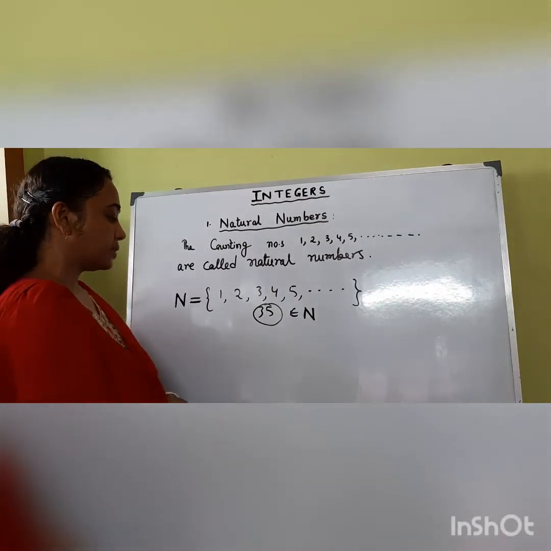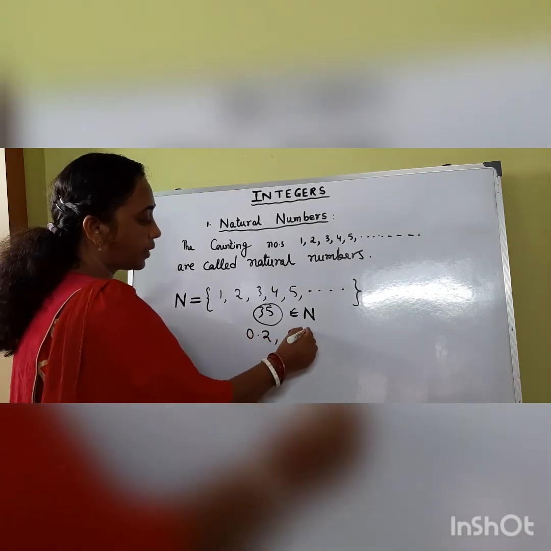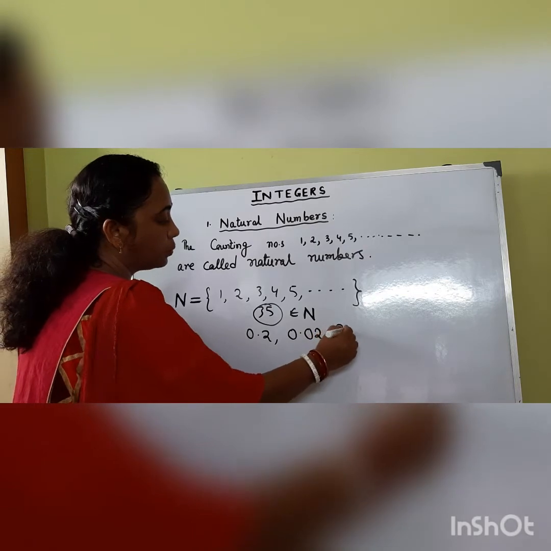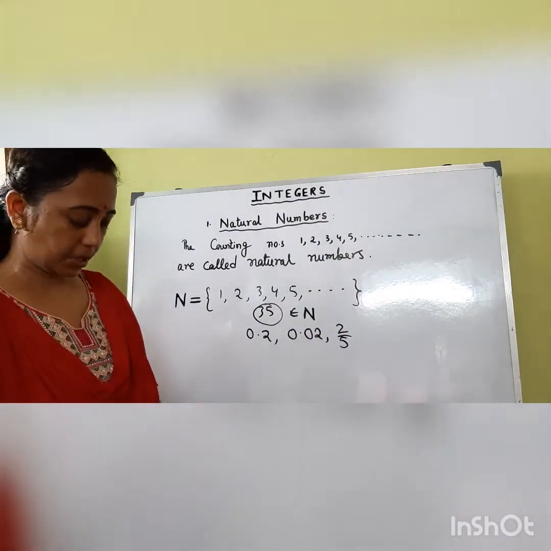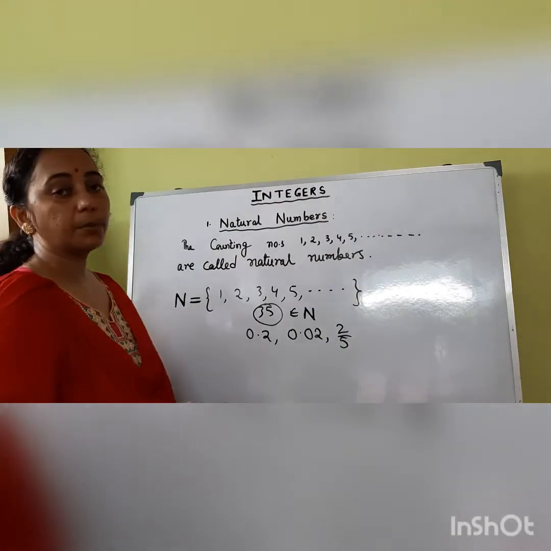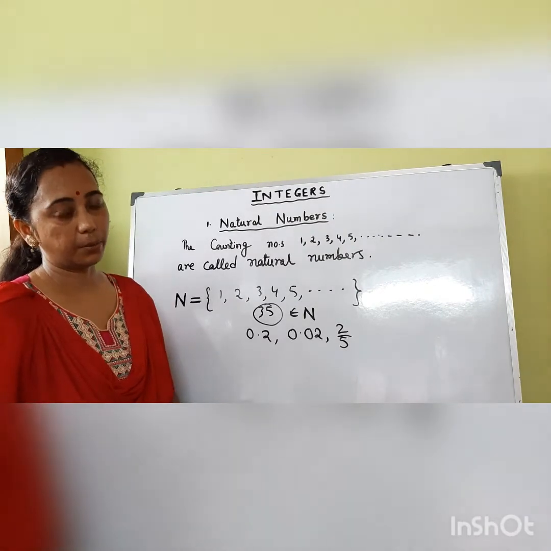Now if I write, suppose, 0.2 or 0.02 or 2 by 5 etc., then these are not natural numbers because these numbers cannot be counted as a whole.